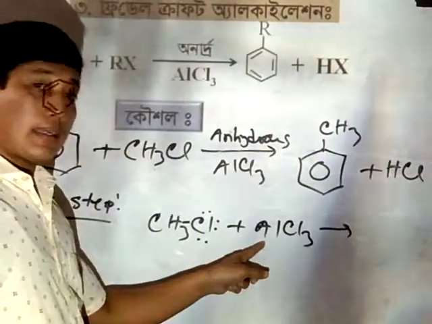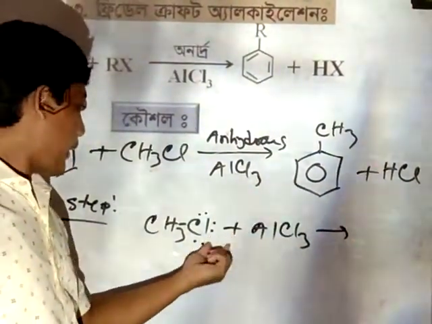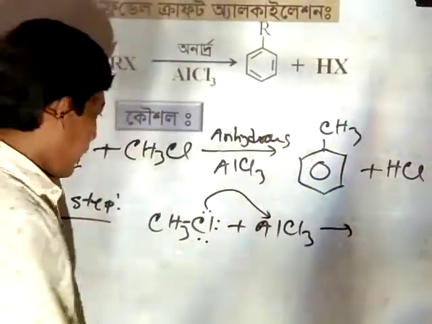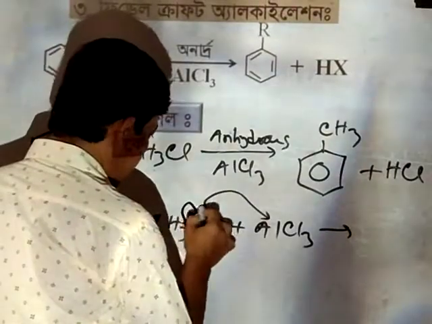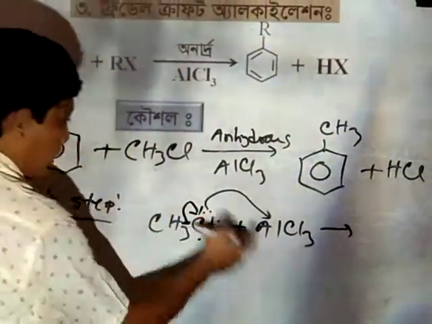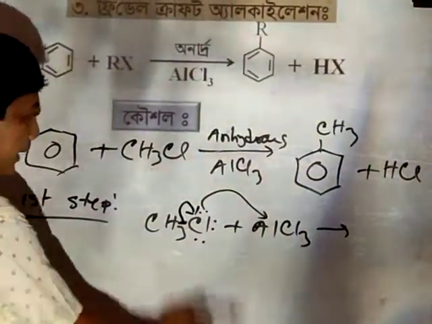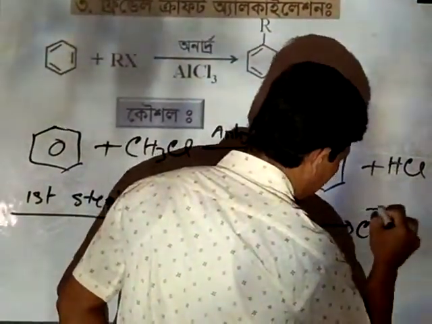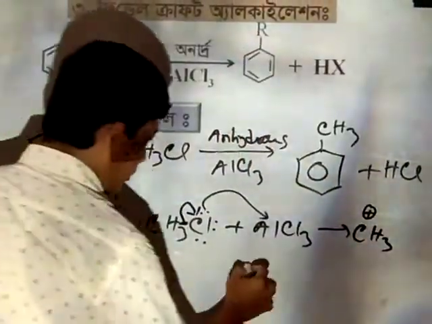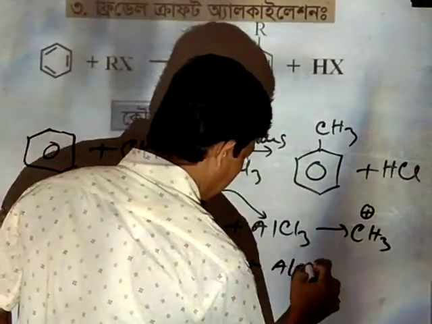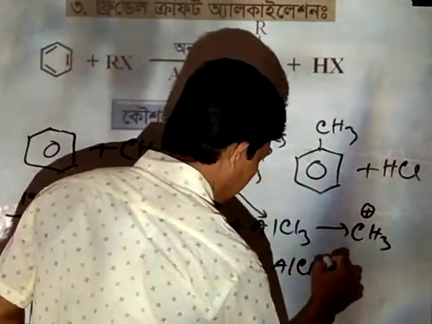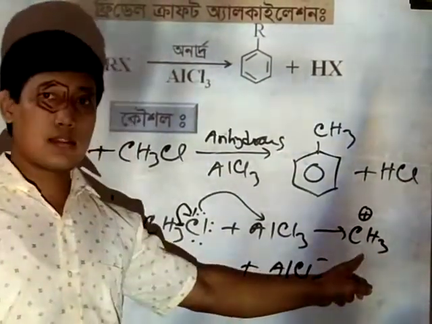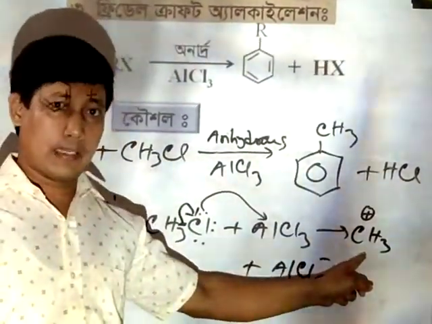As aluminum chloride is an electron deficient compound, it attracts the lone pair of electrons to itself, and as a result this bond will break and will produce an electrophile, which is known as methyl carbonium ion, and an anion which is known as aluminum tetrachloride ion. Here methyl carbonium ion is an electrophile.